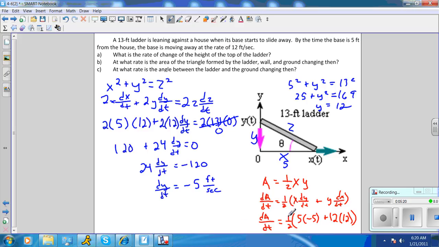We get that dA/dt is 1/2 of -25 plus 144. 144 minus 25 is 119, half of 119. I'm just going to leave it like this, 119 over 2. And units would be area, which is feet squared per time, which is seconds.